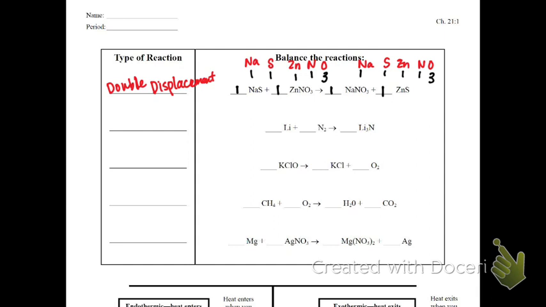What about the second one? Lithium plus N2 becomes Li3N. What's happening here? Yeah, we're putting things together and getting one product, right? Instead of calling it addition, we're going to use the synthesis word.